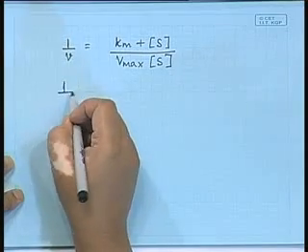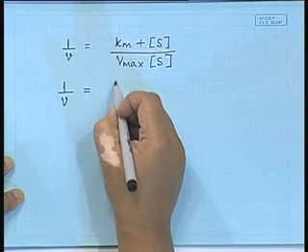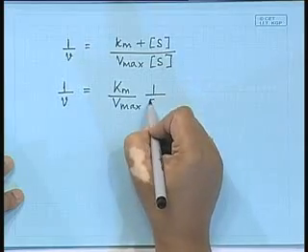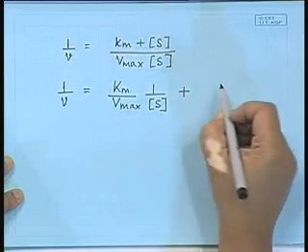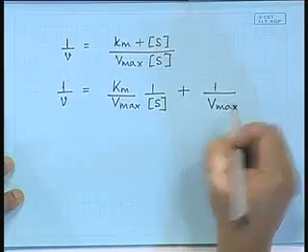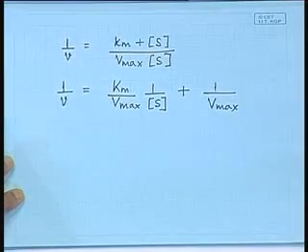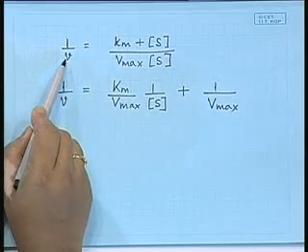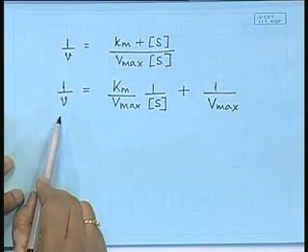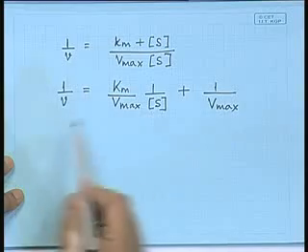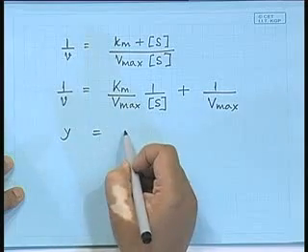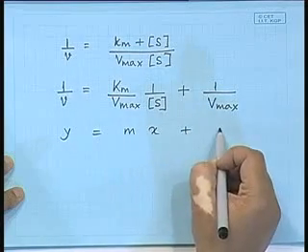Now if I just separate out these two quantities, that is what I get. I have just inverted the Michaelis-Menten expression, and I work out an expression where I have the form of y is equal to mx plus c.